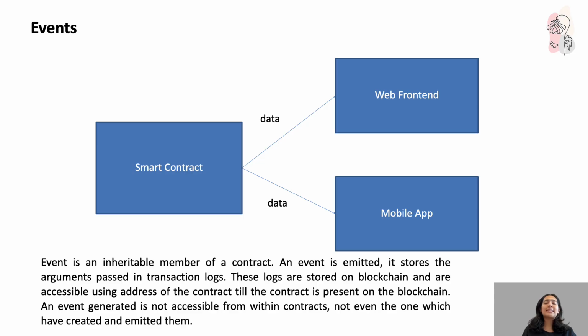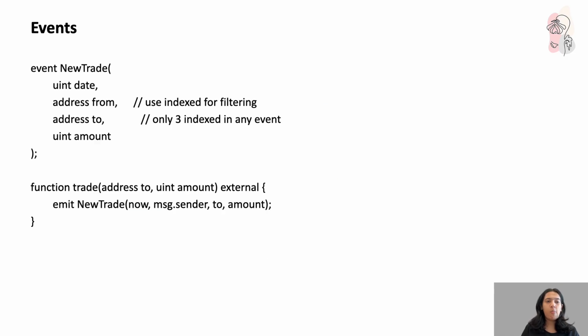These logs are not accessible by the contract itself, but they can be read by external apps like web front ends and mobile applications, which means your external parties are where these events are being sent to, right? An event is an inheritable member of a contract. That means if one contract inherits another, it can also use the events declared in the parent contract.